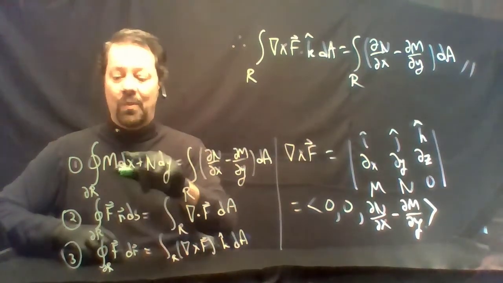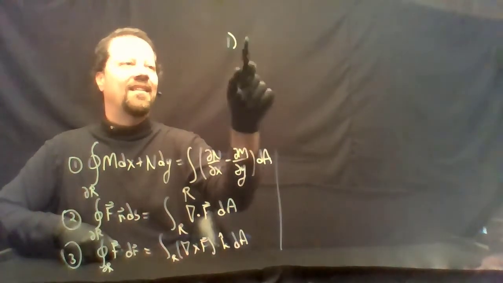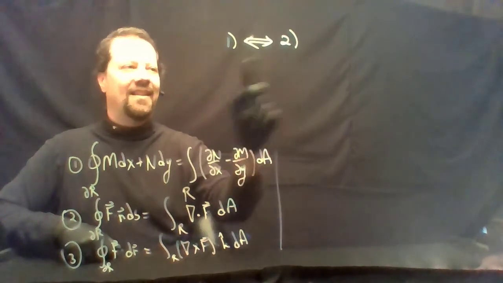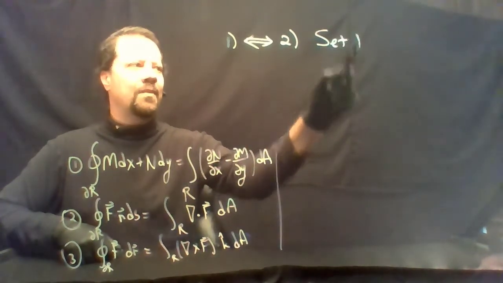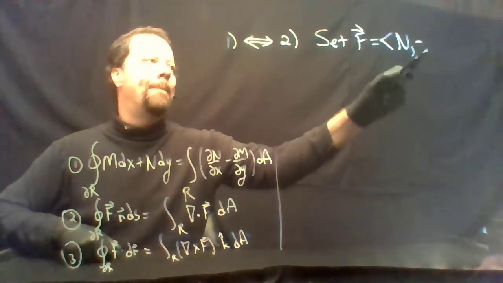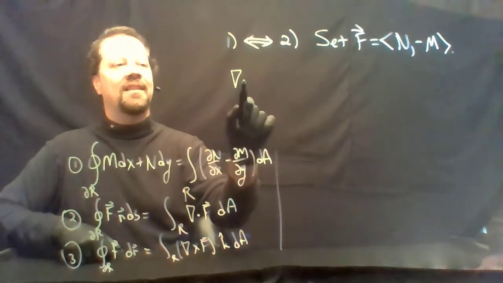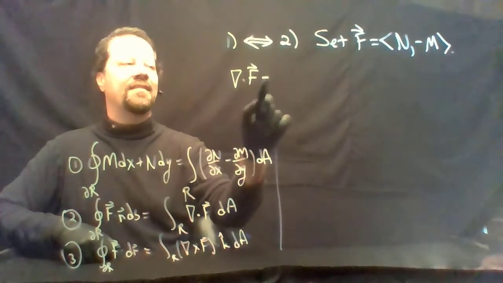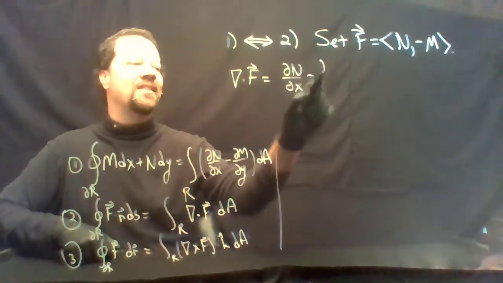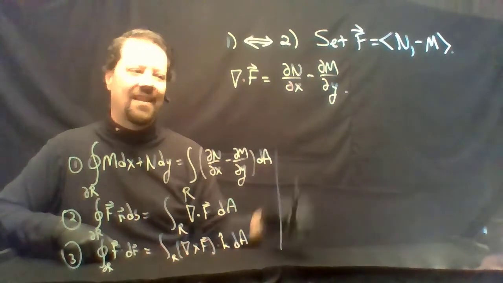Next, we'll prove that 1 and 2 are equivalent. In this case, we'll set F to be the vector field n, comma, minus m. In this case, the divergence of F will be the derivative of n with respect to x minus the derivative of m with respect to y.